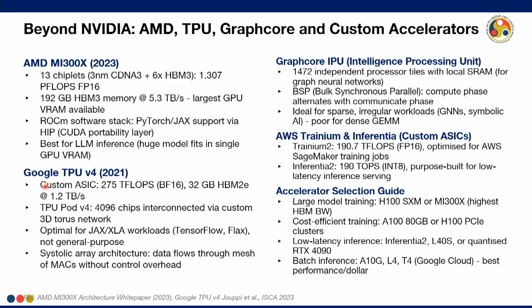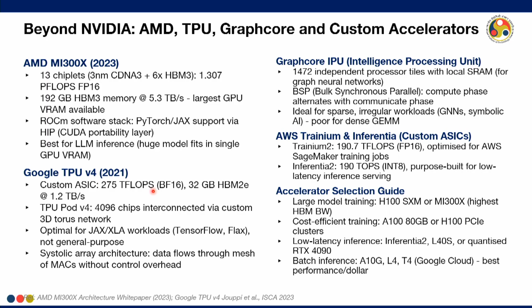Okay, you have Google TPUs. TPU v4 was introduced in 2021, and it's a custom ASIC. It doesn't have the general purpose CUDA cores you have seen in GPUs. GPUs are good for image processing, video processing, as well as AI workloads. Here the TPUs are only for matrix multiplication, so you have only tensor cores, and you have high teraflops, like 275 teraflops in BF16, the brain floating point 16.